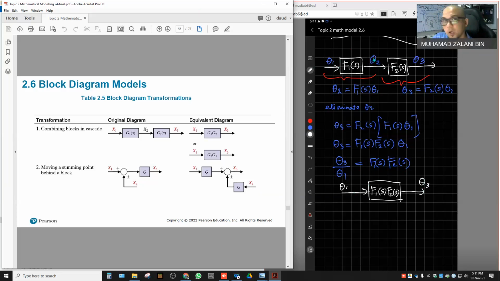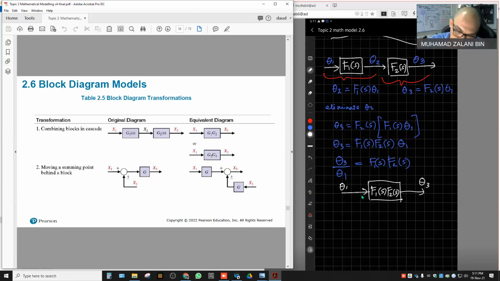So we have two blocks now represented as a single block. That is the block diagram reduction example of a cascaded block.